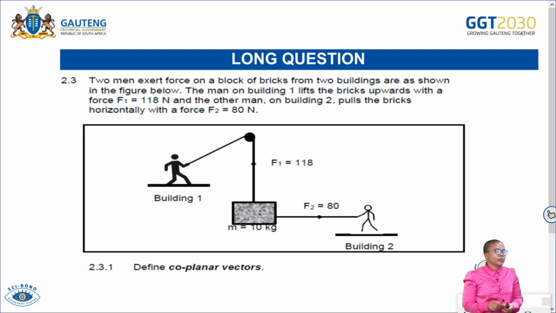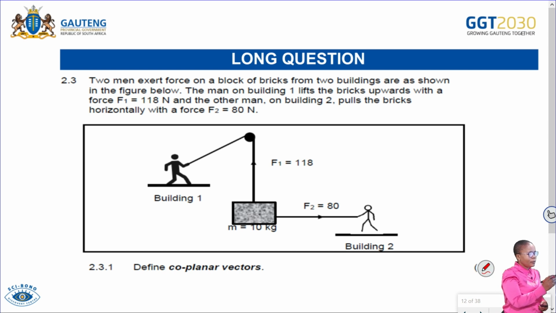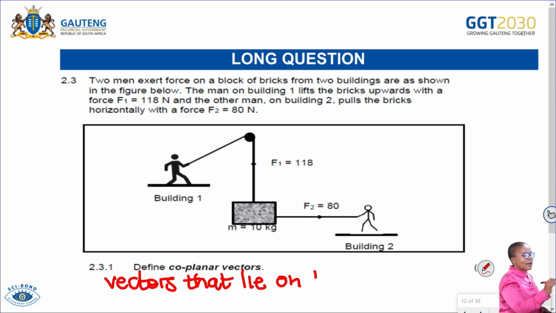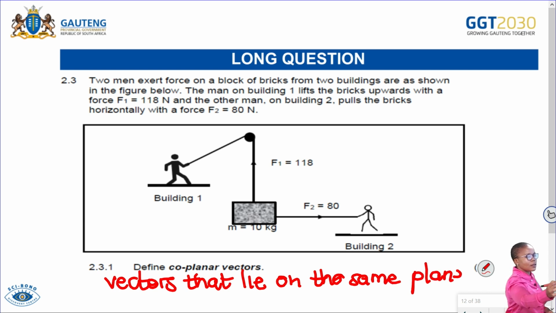So I define it over here: vectors that lie on the same plane. And that is your full 2 marks.